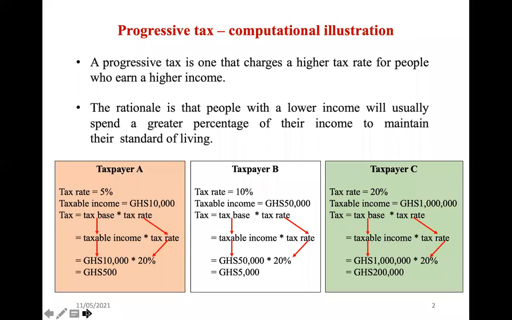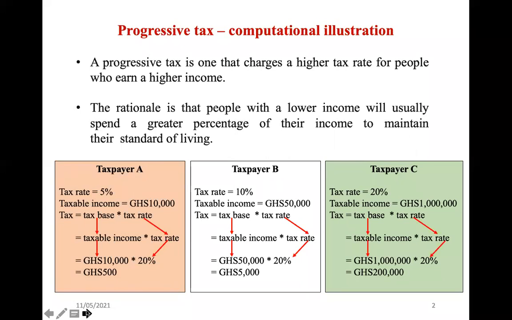And here I have three main taxpayers: taxpayer A, taxpayer B, and taxpayer C. And when we say the progressive tax charges a higher rate of tax on those who earn a higher income, this is what we actually mean.